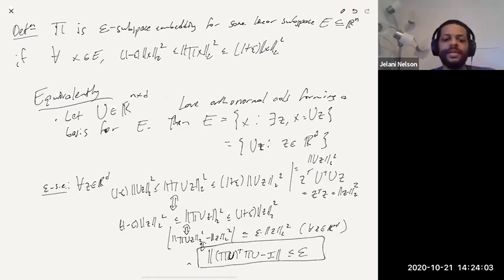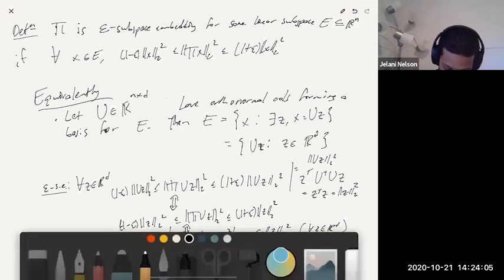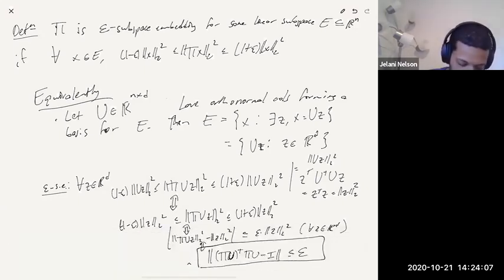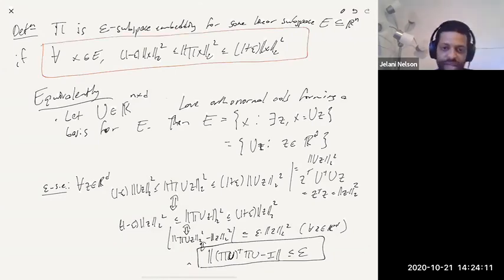Okay. So that's what I want to emphasize, namely this definition of what it means to be a subspace embedding is equivalent to this other notion. If I had defined subspace embedding by the bottom box, it would have been equivalent to the top box.